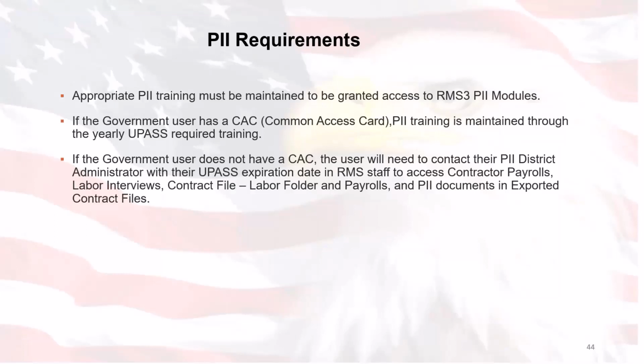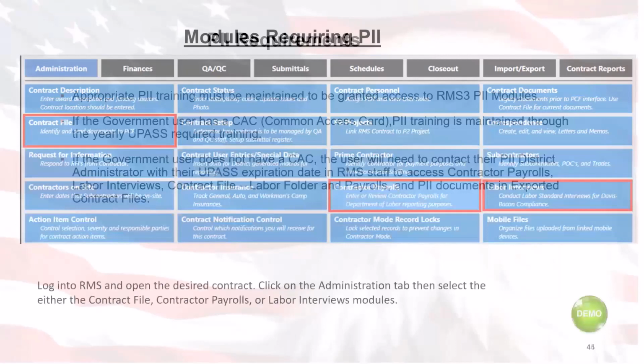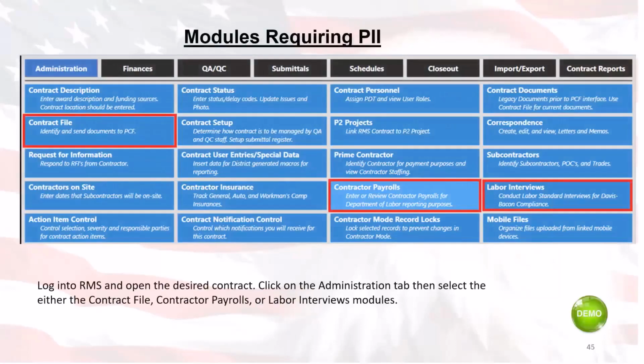So that's the personally identifiable information section for RMS. The modules requiring PII are as follows: access to the contract file, contractor payrolls, and labor interviews. Access to these modules has been limited to users who have completed the UPass PII training. So users that log into RMS using a CAC will have access to these modules.